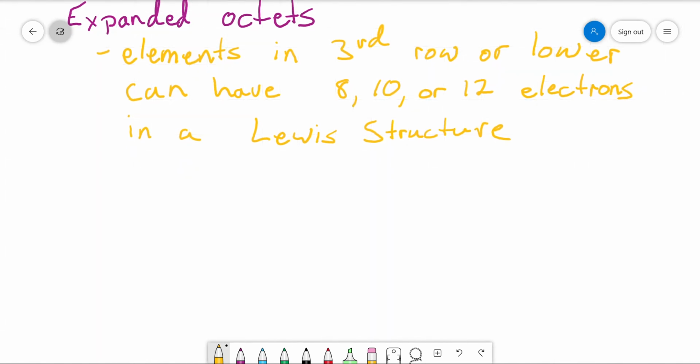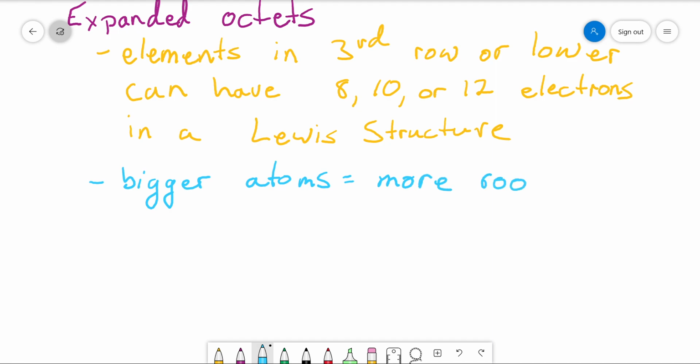Well, it's pretty simple. These are bigger elements, or bigger atoms, I should say. And that gives them more room. Think about a golf ball versus a basketball, just to make it a little extreme. You can fit more stuff around the basketball than you can around the golf ball.